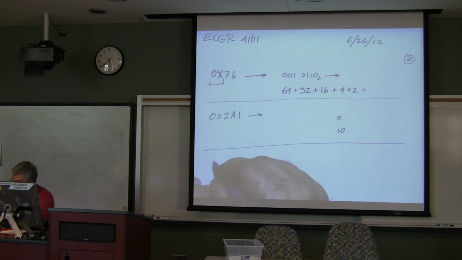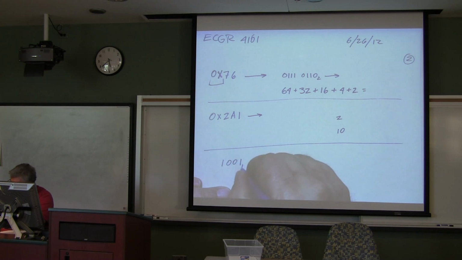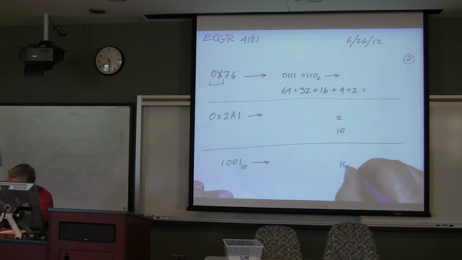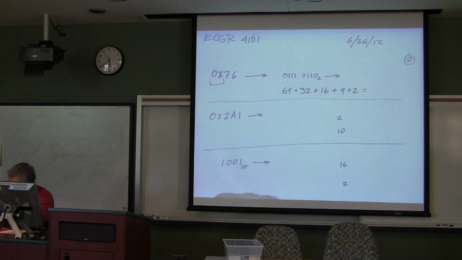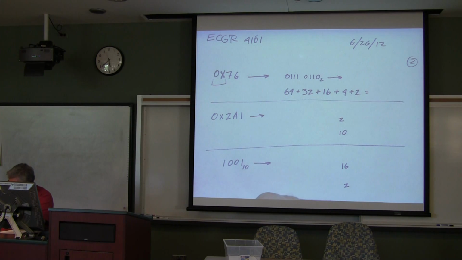Also, if I give you the value 1001 in base 10, tell me what it is going to be in base 16, tell me what it's going to be in base 2. So, do these exercises.